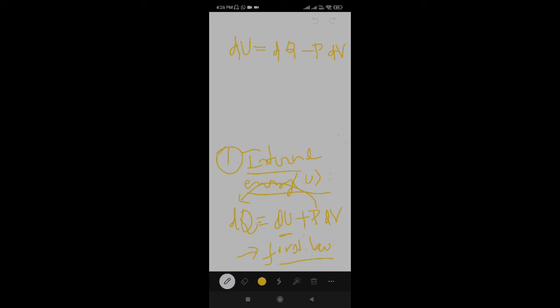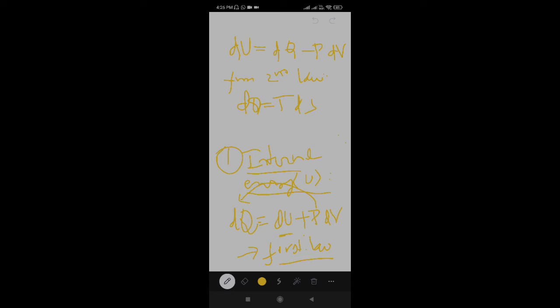If again you are using the second law, from the second law just now I wrote dq = TdS. Why? Because dS = dq/T. That is the definition of entropy.